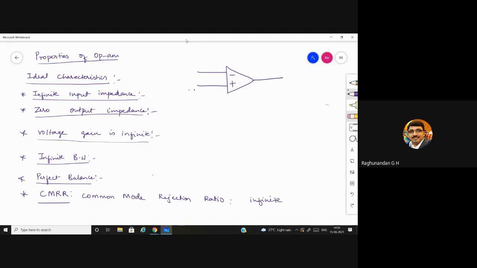To this op amp, we need to give inputs from a power supply, and we have a dual power supply. So what is dual power supply? What do you mean by dual power supply?